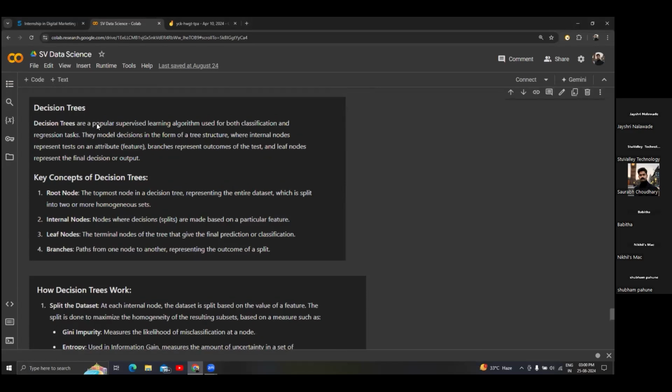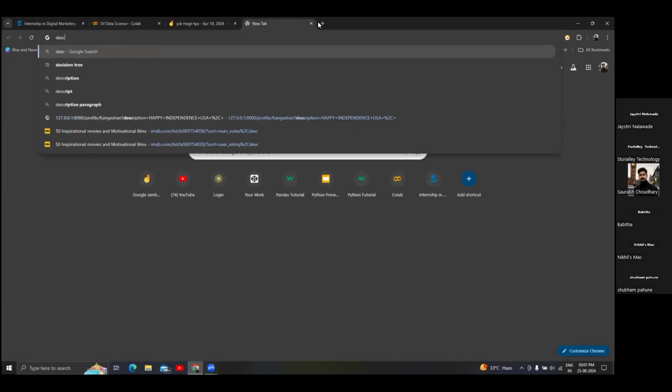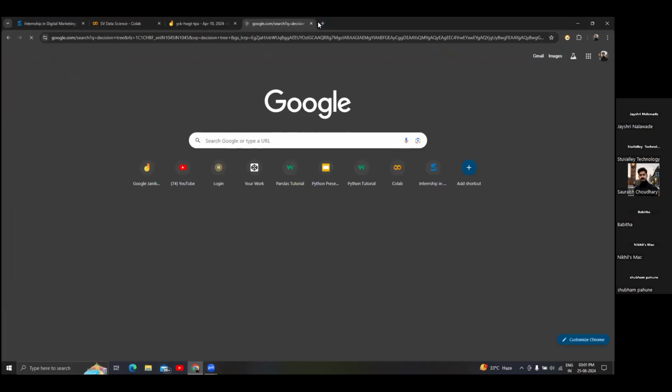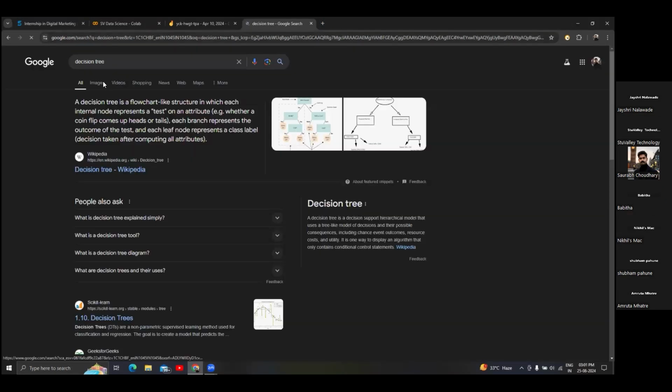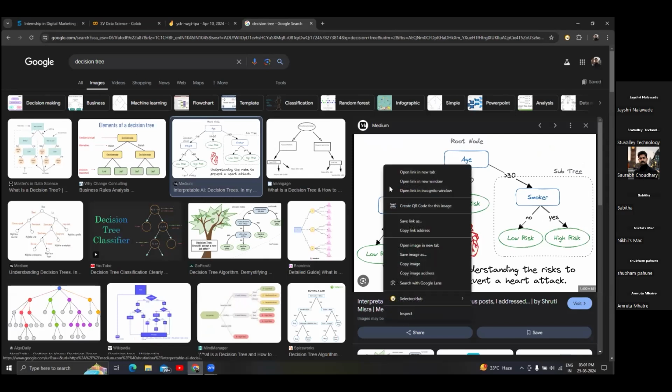Yeah, so decision trees are a popular supervised learning algorithm used for both classification and regression. They model decisions in the form of a tree. Let me show you. According to your data, your rows, it will make something like this.